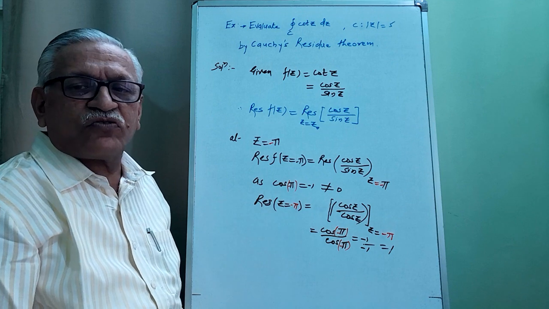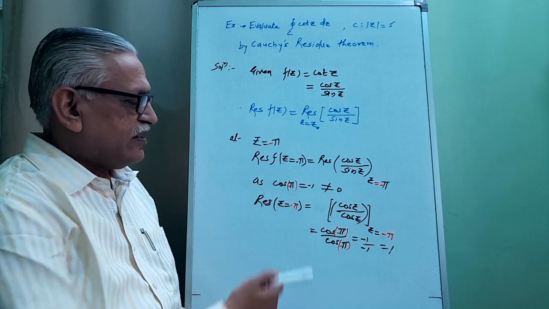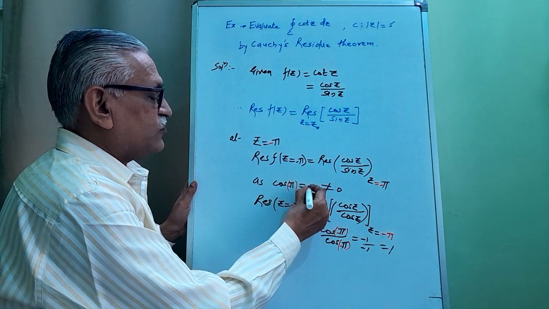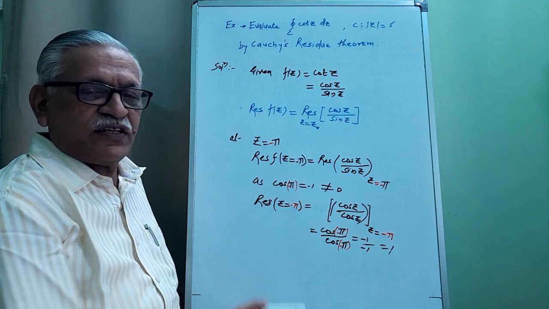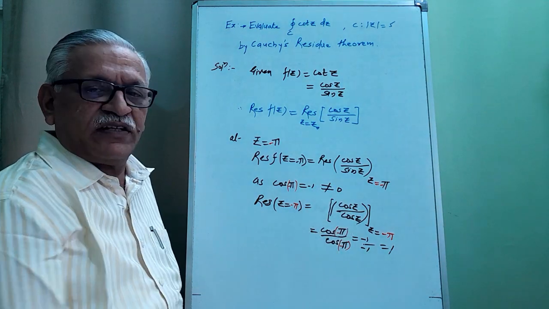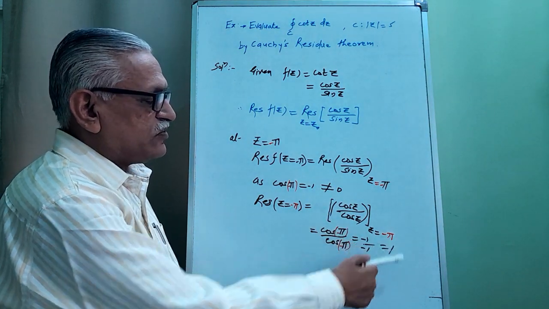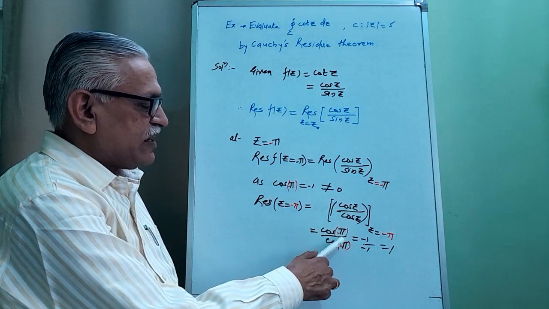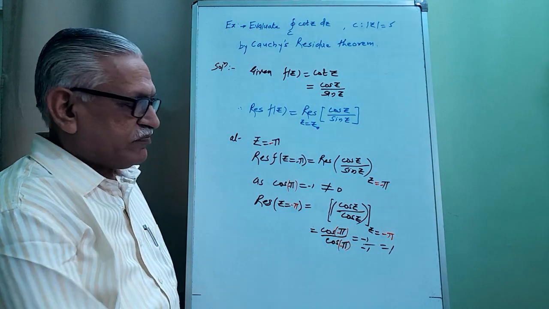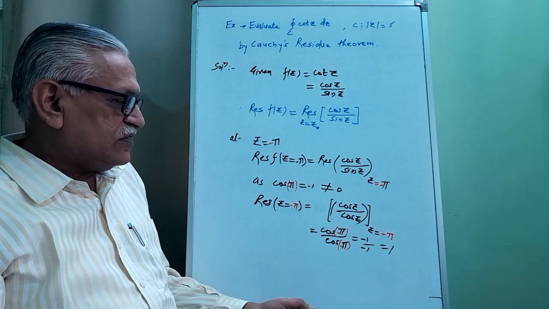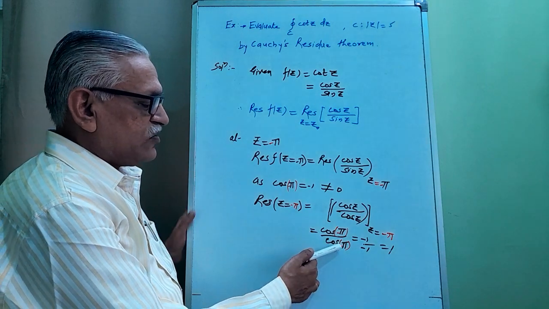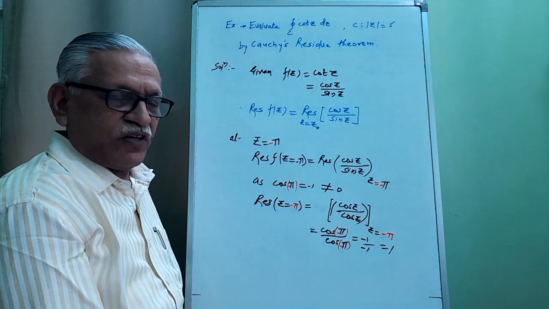The value of cos of minus pi is cos pi, which is minus 1, not equal to 0. The residue of the function at z is equal to minus pi is cos z upon the differentiation of sin z. The derivative of sin z is cos z, at the point z is equal to minus pi. Substituting z as minus pi, we get cos of minus pi, which is cos pi, and the value of cos pi is minus 1, divided by cos z at z equal to minus pi, which is once again minus 1.